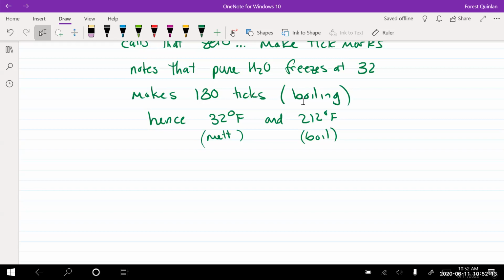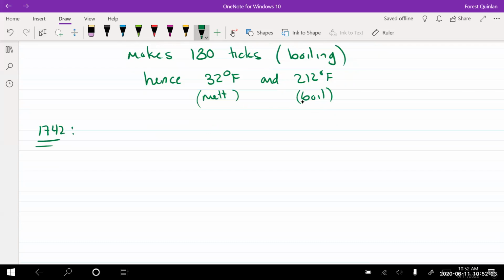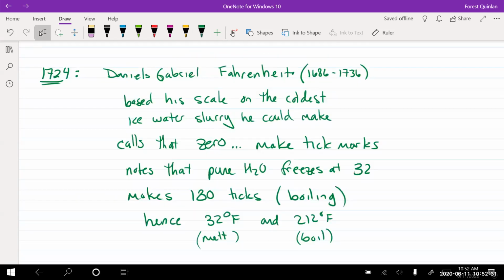So in walks this guy in the year 1742. Less than 20 years later, there was a guy named, oh, by the way, just to be very clear, Daniel Gabriel Fahrenheit, what scale did he give us? The Fahrenheit scale, right? If you're smart enough to make something, you're smart enough to put your name on it.